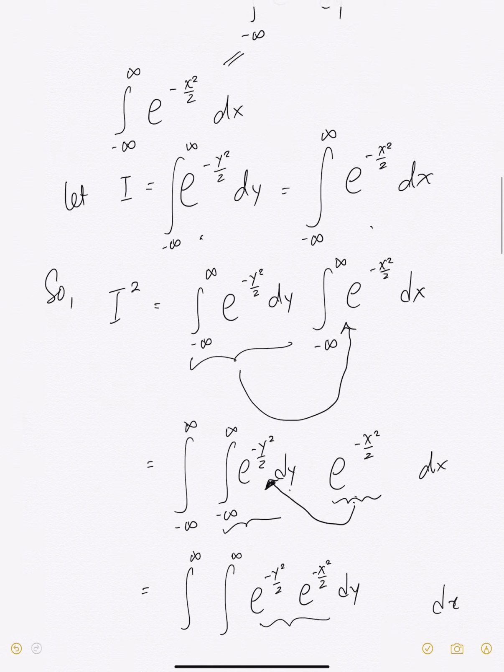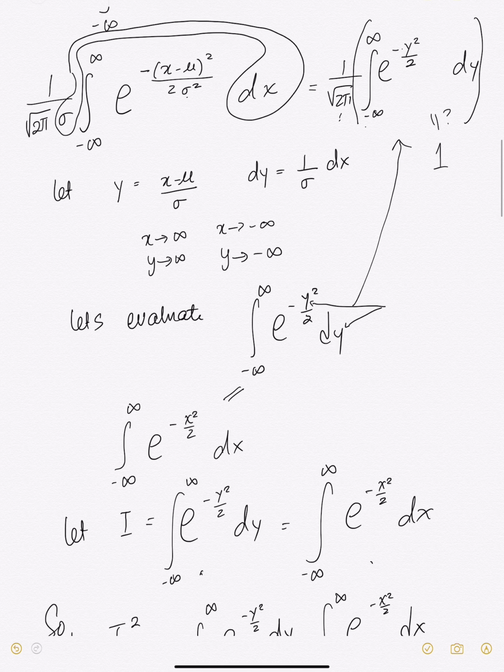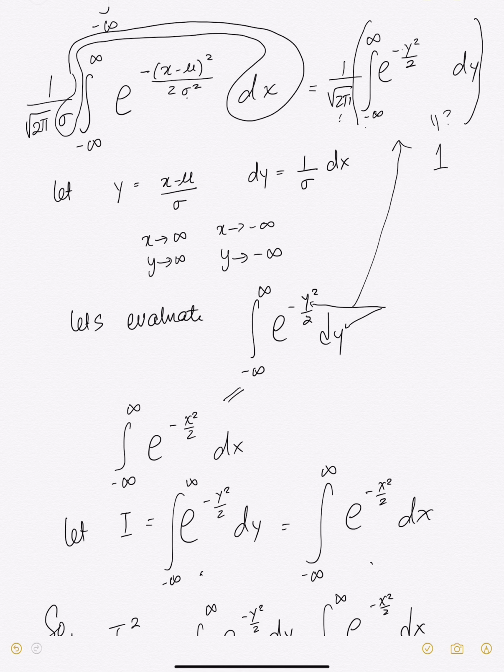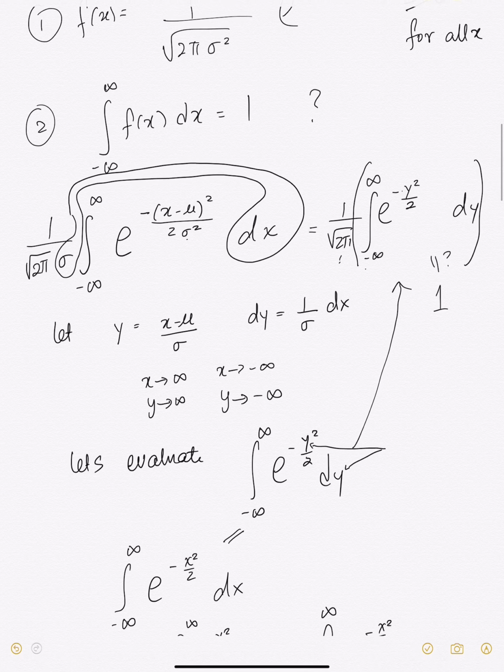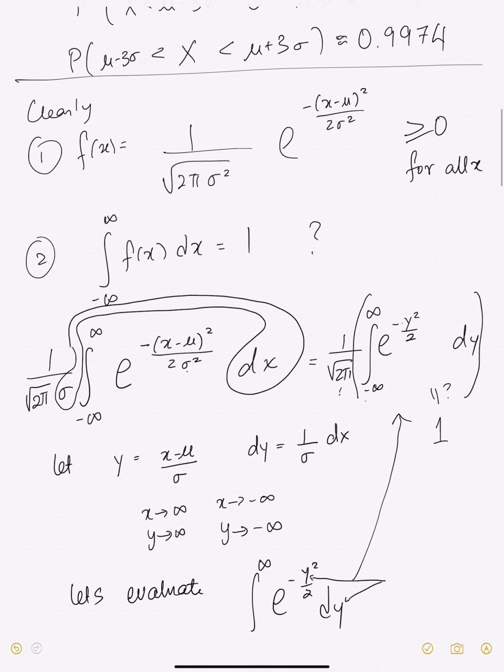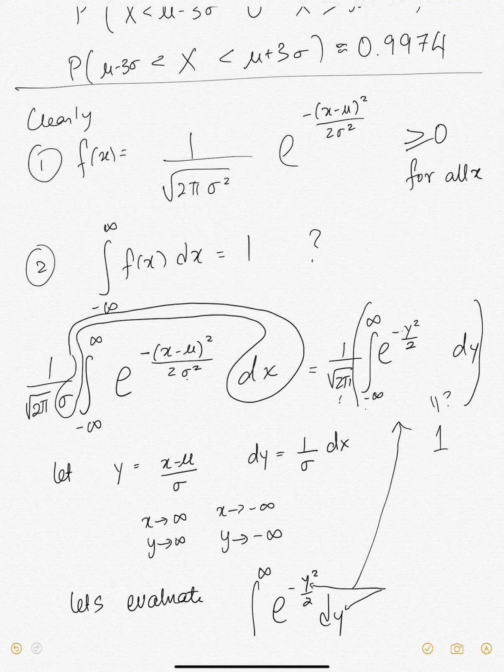Either one is fine. The density of a normal 0, 1 random variable is e to the minus y squared over 2 times 1 over square root of 2 pi, and the one over here is the density of a normal random variable with mean mu and variance sigma squared.